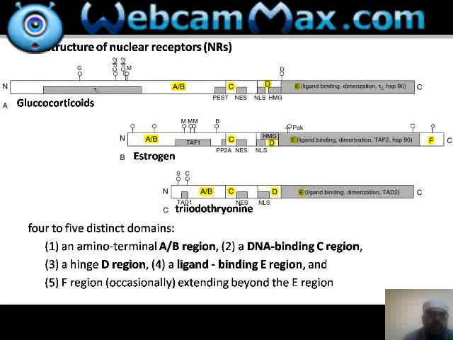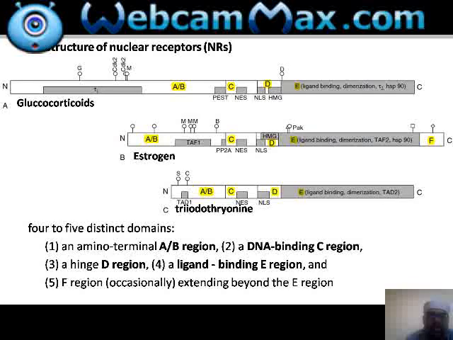When you look at the structure of the receptors related to glucocorticoid, estrogen and triiodothyronine, what you see in common is that they have distinctive four to five domains. If I am talking about the AB domain, in glucocorticoid it is written as tau1, in estrogen it is written as TAF1.